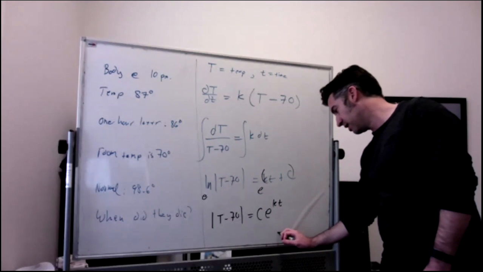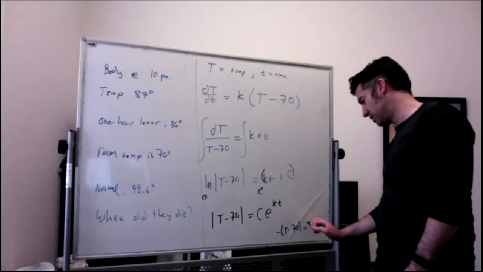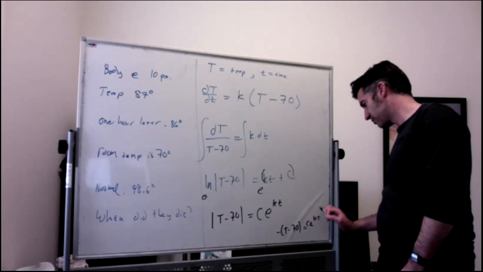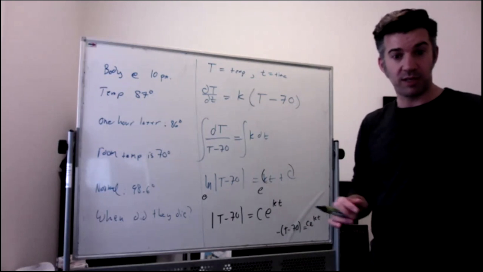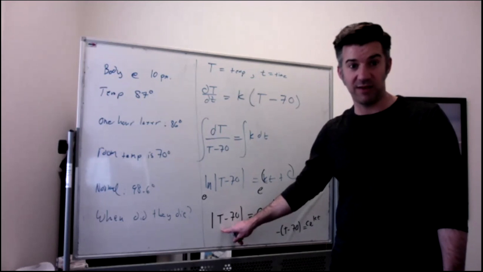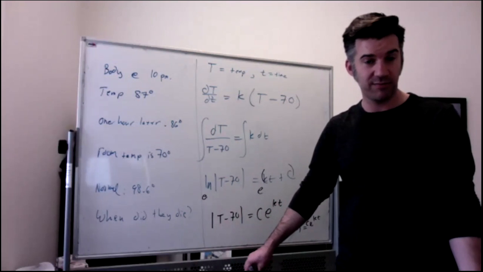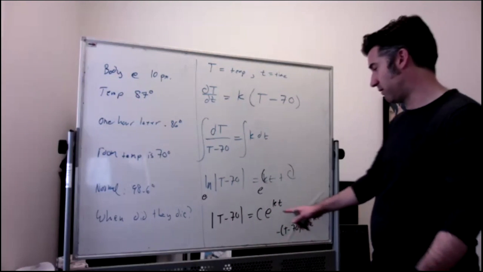You'd have to say that negative T minus 70 is equal to c e to the kt, because the insides are negative if the temperature is less than 70 degrees, but the absolute value has to make it positive. It's not that big a deal, and you can usually just kind of fix it.